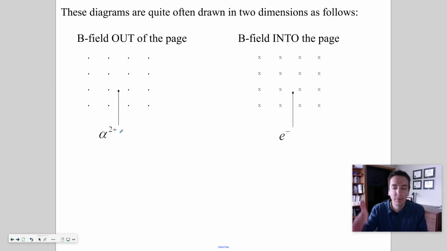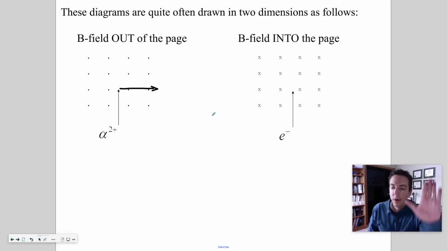The alpha particle is going towards the top of the screen, so we need to point our thumb towards the top of the screen, and the magnetic field is coming out of the page, so my right hand would have to go like this, where my fingers are now directed out of the page, my thumb is pointed towards the top of the page, and that means my palm ends up being to the right. So the magnetic force here is to the right.